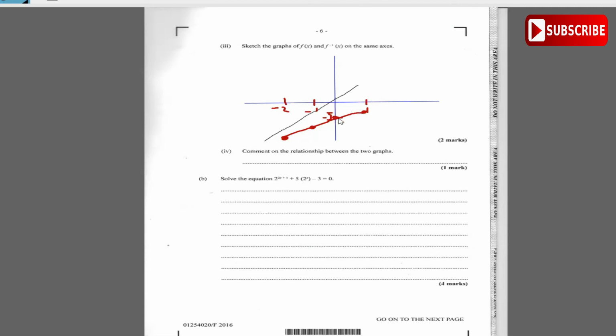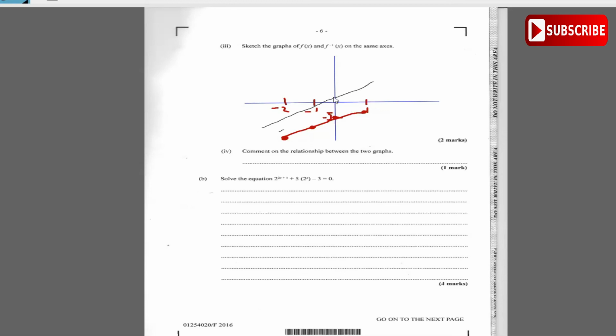Something like that. I don't like how this looks, like the gradient is bigger than this gradient, which shouldn't be because the function has a gradient of 2. So let me make this a little better. I want to show that the gradient is a half, so it shouldn't be steeper than this one. Maybe that's better. They intersect somewhere down here. They ask to comment on the relationship.